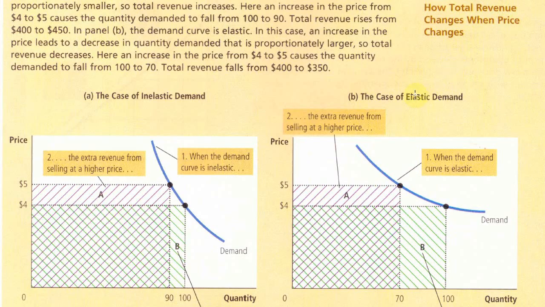Now we will see the total revenue changes when price changes. As you can see, this graph is very mild. This means that if the graph is not steep, if it is very mild, then the curve is very elastic.